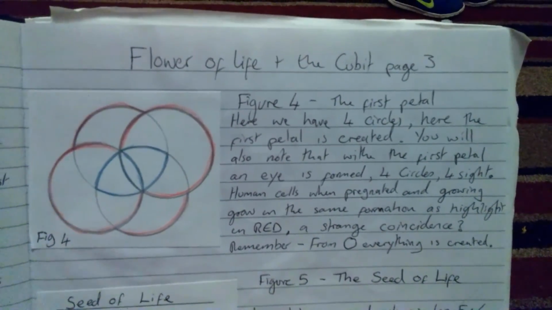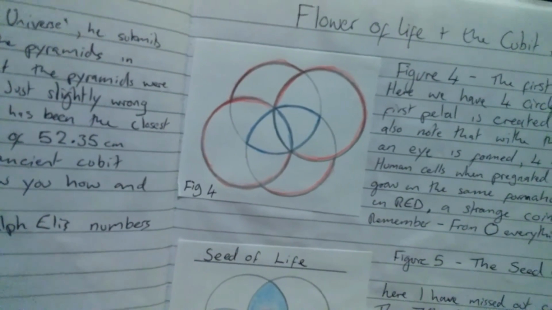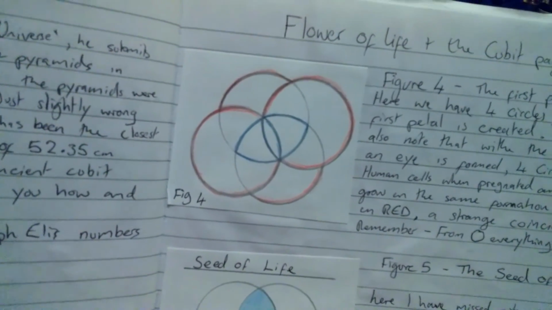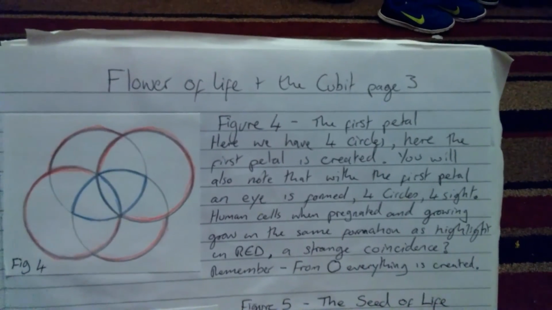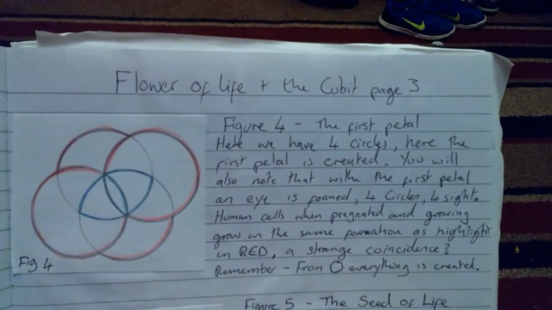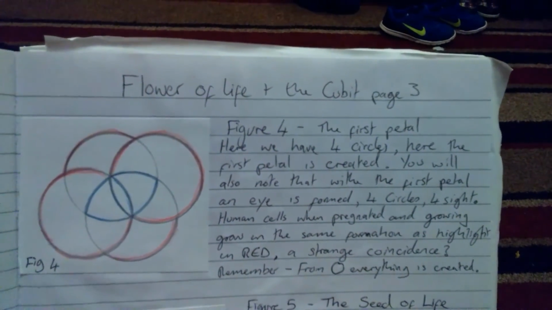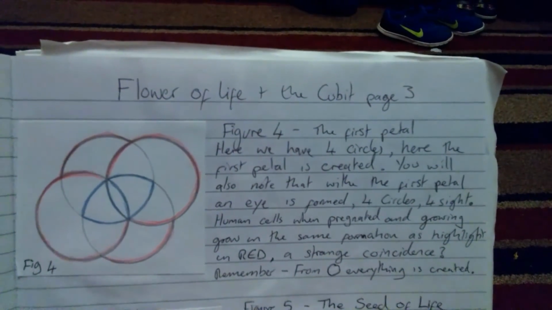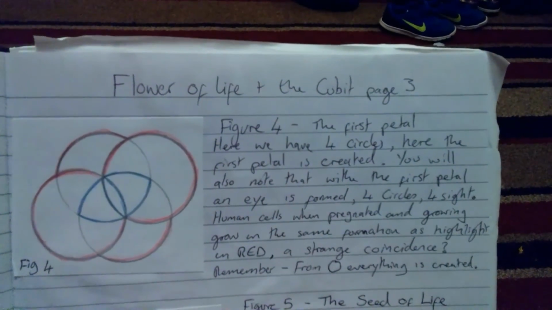Here the first petal is created, and the first petal is actually, it looks like the cat's eye, the pupil. That's the first petal, okay? And you will also note that within the first petal an eye is formed. 4 circles, foresight. You ever heard of foresight? You know, when people project into the future and see things, and other folk call it the third eye and all sorts of things.